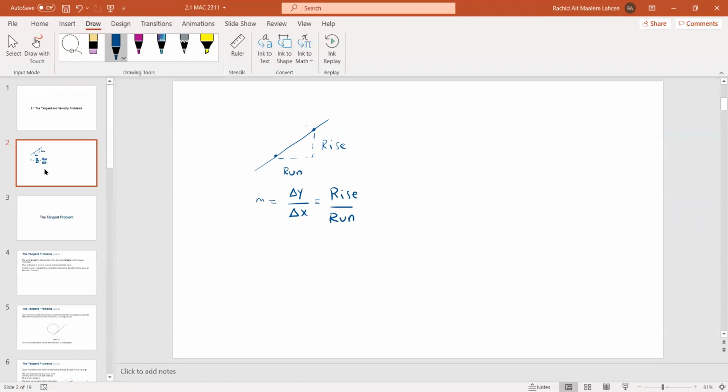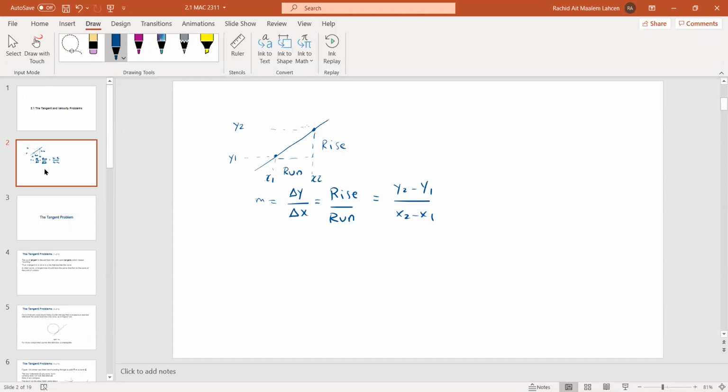And here, this is going to be y2, and this is going to be y1, and this is going to be x1, and this is going to be x2. So y2 minus y1 over x2 minus x1.